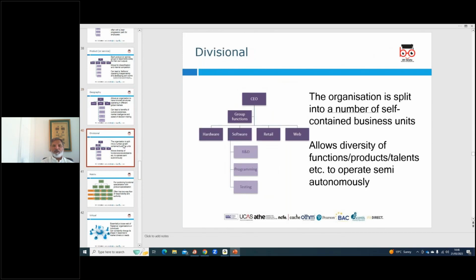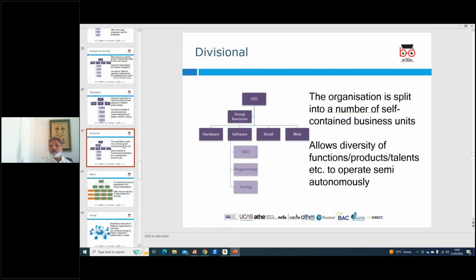When we look at the divisional organization, we are talking about dividing an organization like, for example, Leyland, or for example, BT, or for example, railway, or for example, electrical or computer organization.